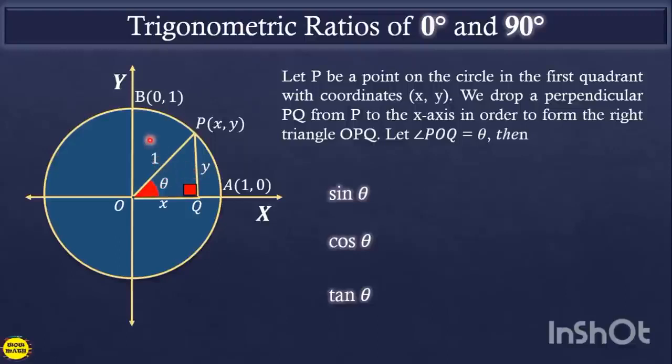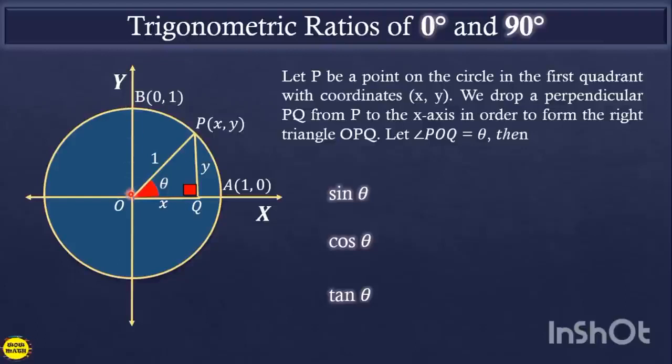Pero bakit 1? Saan natin nakuha itong 1 natin? Paano nagkaroon ng 1? Kasi po, based dito sa center mo na O to B, since ito po ay your point B, at ito ang coordinates ni point B. Okay, so ito po ay given. Ang y-coordinate mo ay 1, ibig sabihin 1 unit po ito.